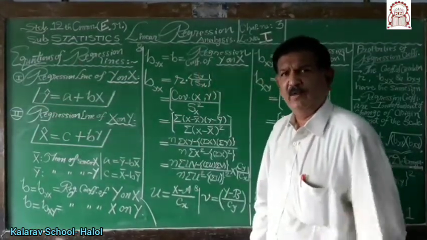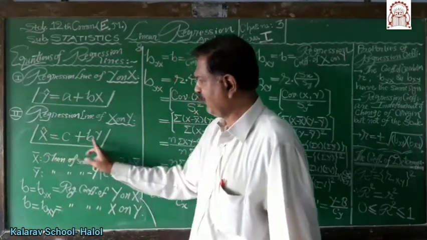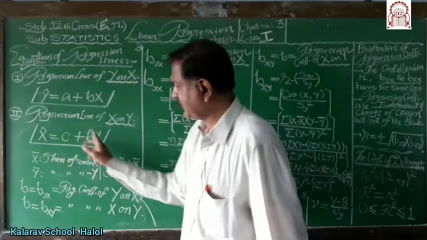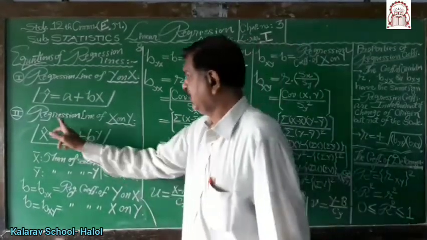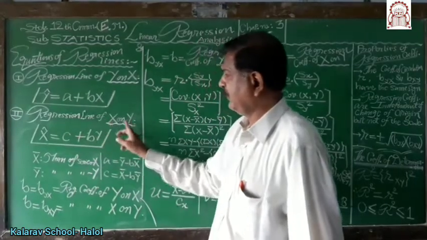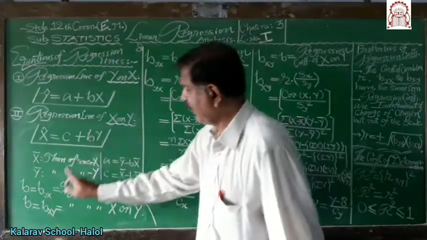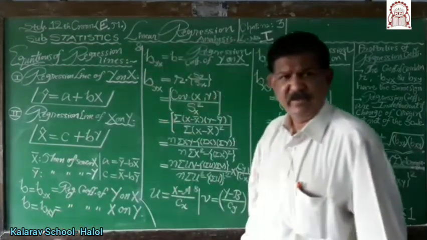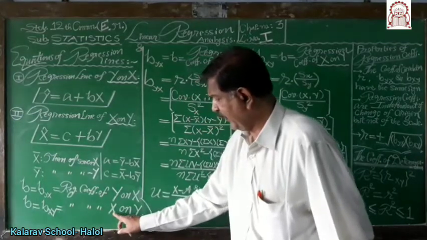In another form, x cap equals c plus by. Here x depends on y. The regression line of x on y is given by x cap equal to c plus by, and this is bxy, the regression coefficient of x on y.